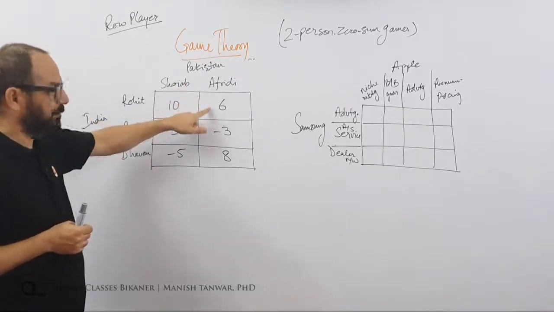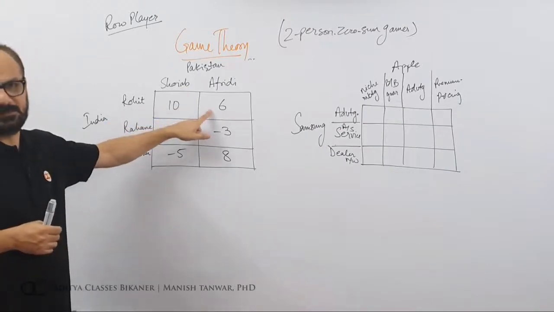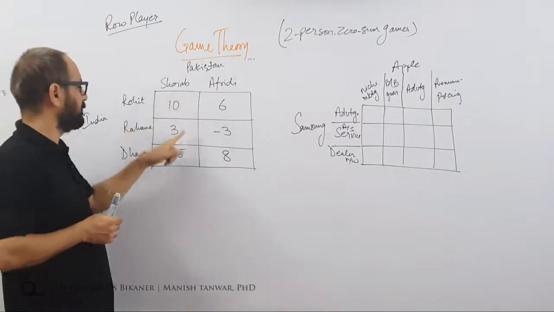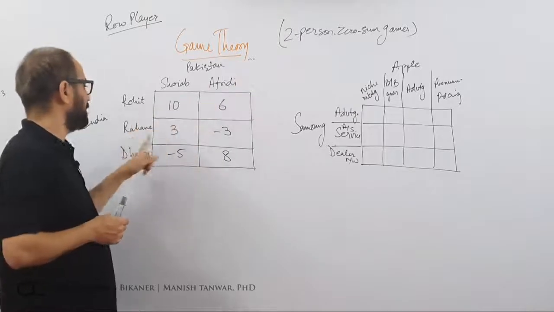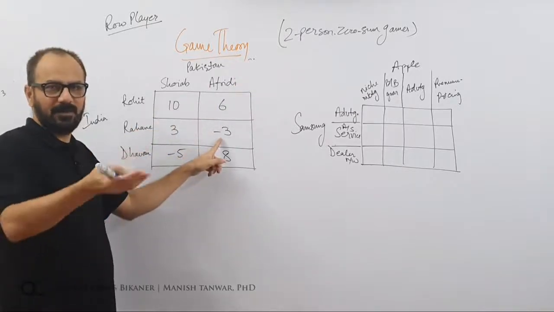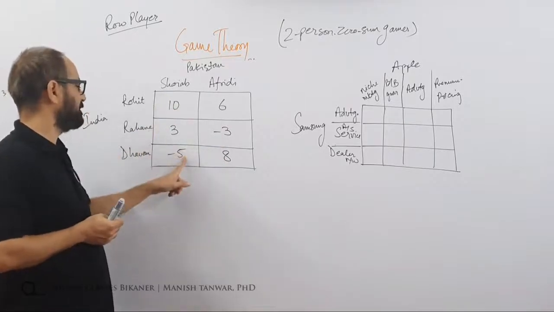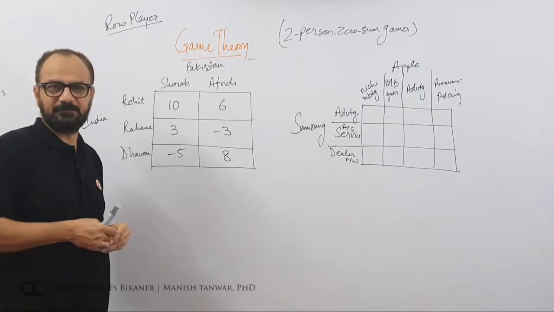If Afridi is bowling and Rohit is batting, he will hit 6 runs. If Rahane is batting and Shoaib is bowling, he might be able to get 3 runs. If Afridi is bowling and Rahane is batting, we might get a loss of 3 runs. Dhawan batting, Shoaib bowling, -5. Dhawan batting, Afridi bowling, +8.